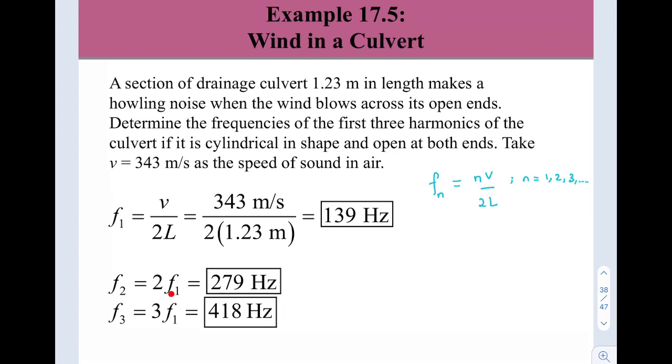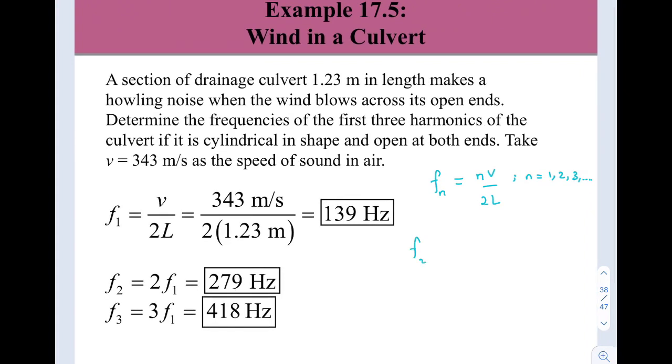For F2, the second harmonic, you may directly use the shortcut of 2F1, or if you want to put it in terms of details, F2 is equivalent to 2 times V over 2L. So V over L, right? It will give you the same amount as this.